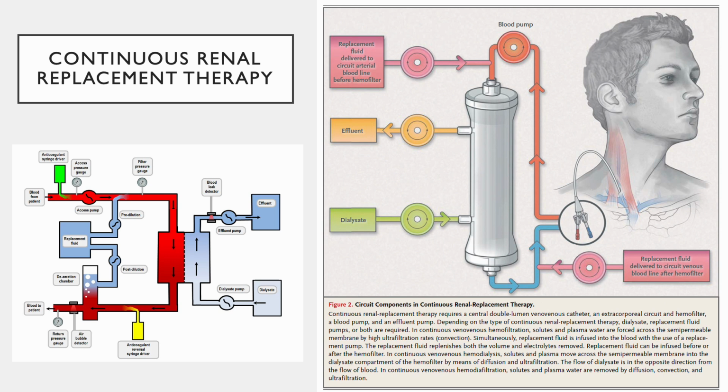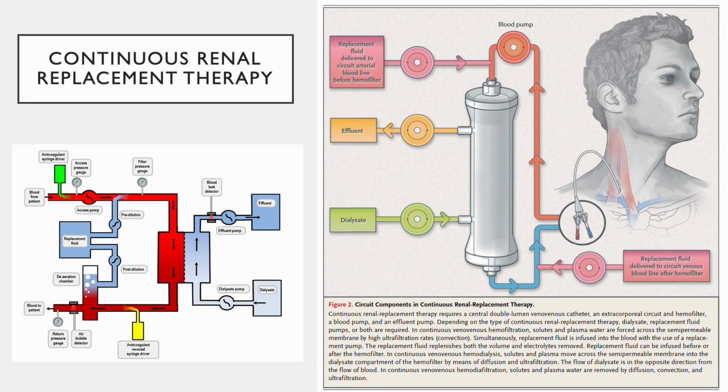So this is a schema of the CRRT circuit. The key components include a double lumen veno-venous catheter, an extracorporeal circuit, hemofilter, blood pump, and effluent pump.